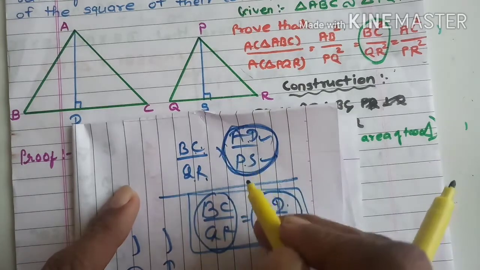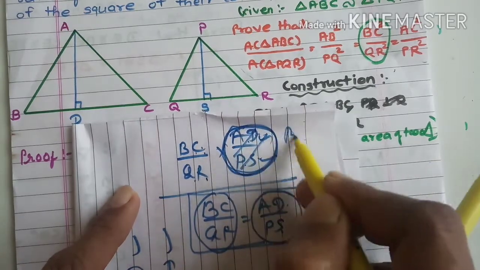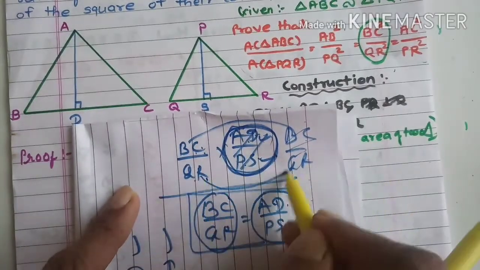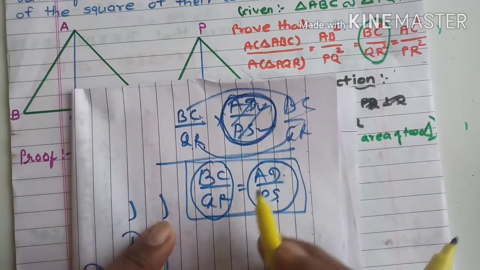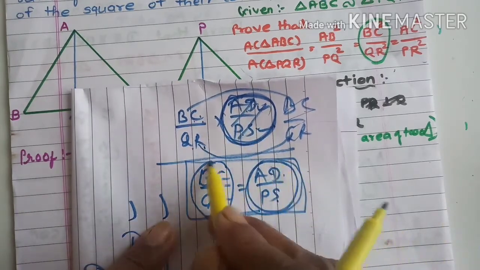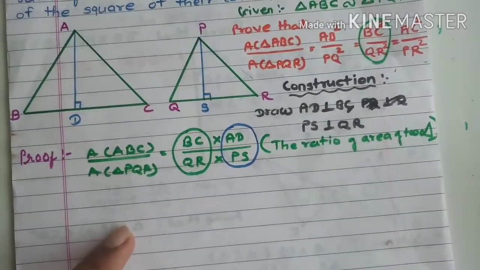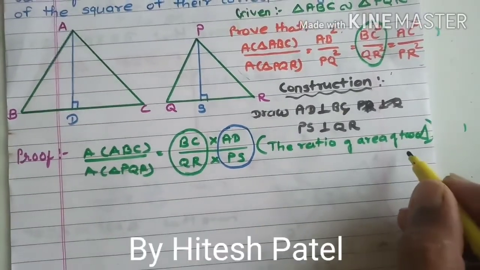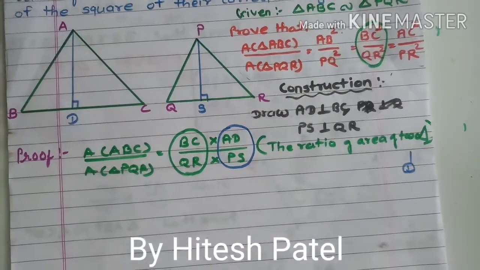If I substitute BC upon QR instead of this, then BC into BC becomes BC square and QR into QR becomes QR square. So what I need to prove is AD upon PS is equal to BC upon QR. Number this as equation number 1.